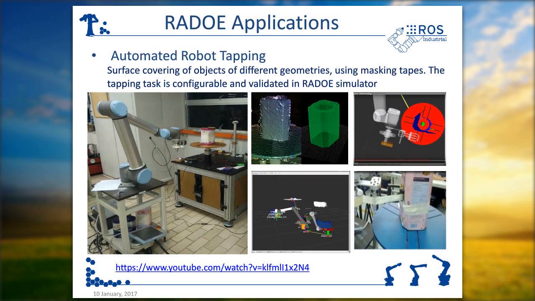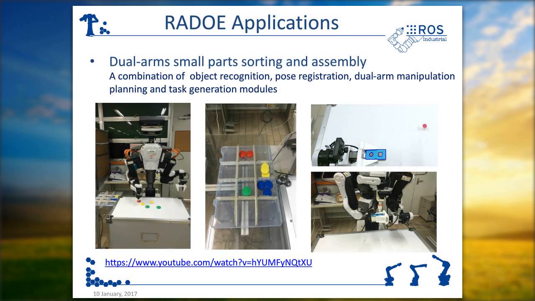The robot uses a 3D sensor to capture the object you want to tape, and we have an algorithm to automatically generate the taping trajectory for the robot. And we also built this simulator. You can validate your motion trajectory for the robot and see the result. Probably I don't have time to play the video. You can click the link if you want to see it.